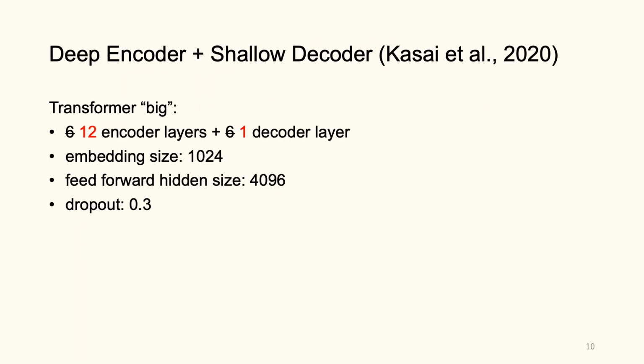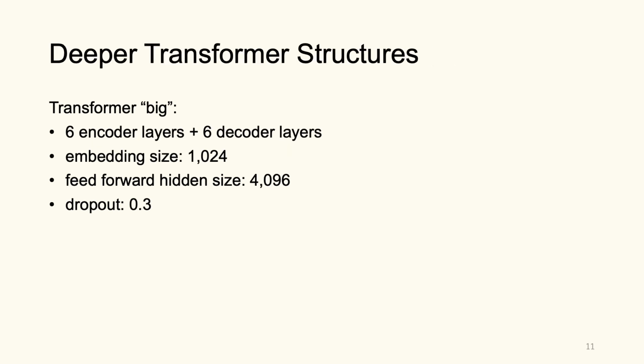Also, we tried the deeper encoder shallow decoder framework proposed recently, in which the encoder layers of transformer big is set to 12 and there is only one decoder layer. Also, we try deeper transformer structures.